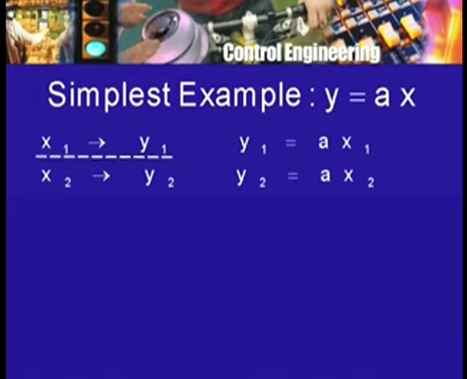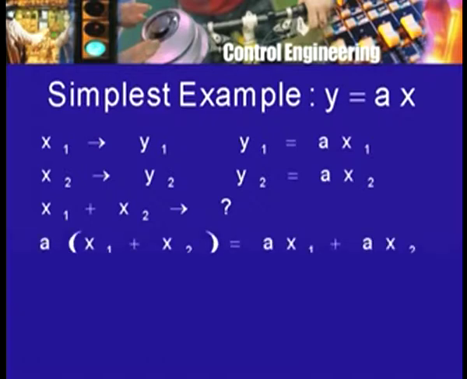So, one input produces one output, another input produces another output. Think of the sum of the two inputs as being applied. So, the new input is now x1 plus x2. What is going to be the new output? The new output is a times (x1 plus x2), but that is the same as ax1 plus ax2, but ax1 is y1, ax2 is y2. So, the new output is the sum of the two outputs.